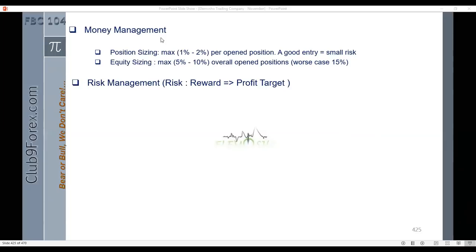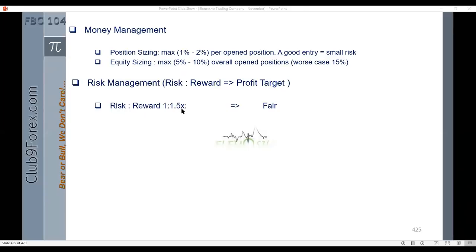Go and talk to people that have traded successfully in the Forex market. They will just tell you to work on your money management and risk management. It doesn't matter how much knowledge you have. If you are not able to follow money and risk management, you may not be successful trading the Forex market. So we are going to the Excel model to determine how we are going to calculate this risk per trade and per portfolio.